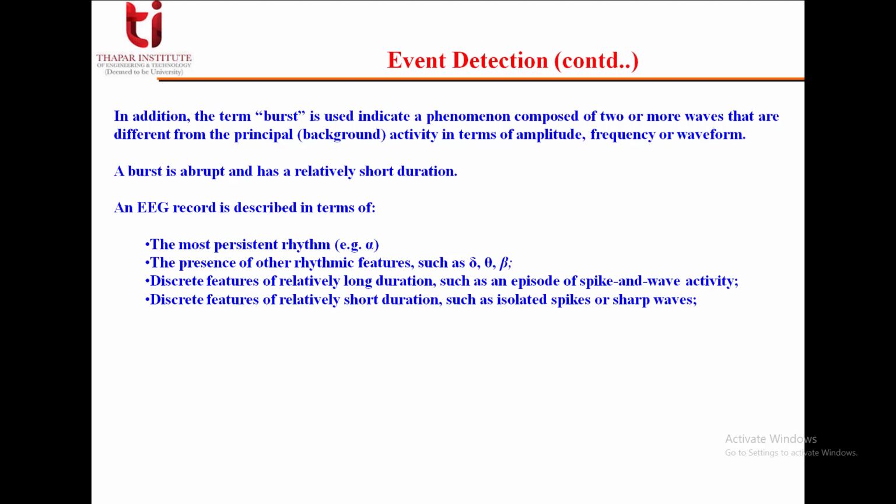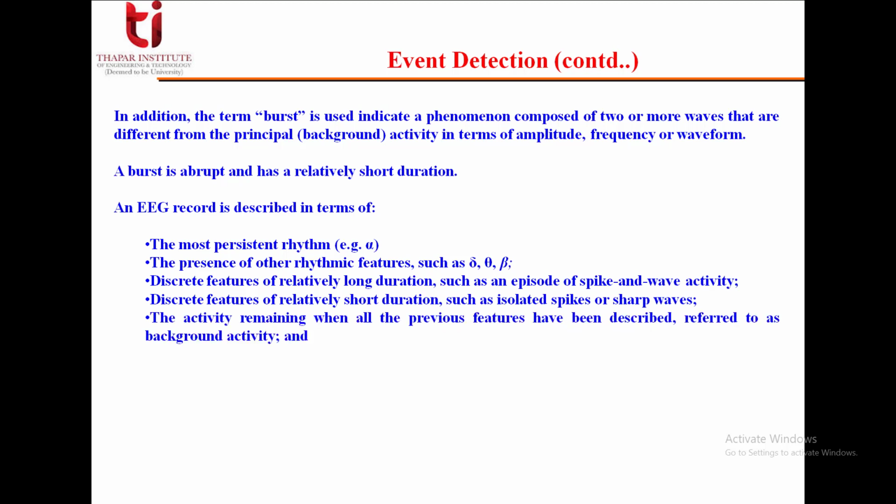Also, there can be discrete features of relatively short duration, such as isolated spikes or sharp waves. The activity remaining when all the previous features have been described is referred to as the background activity. And artifacts, if any, give rise to ambiguity in interpretation.